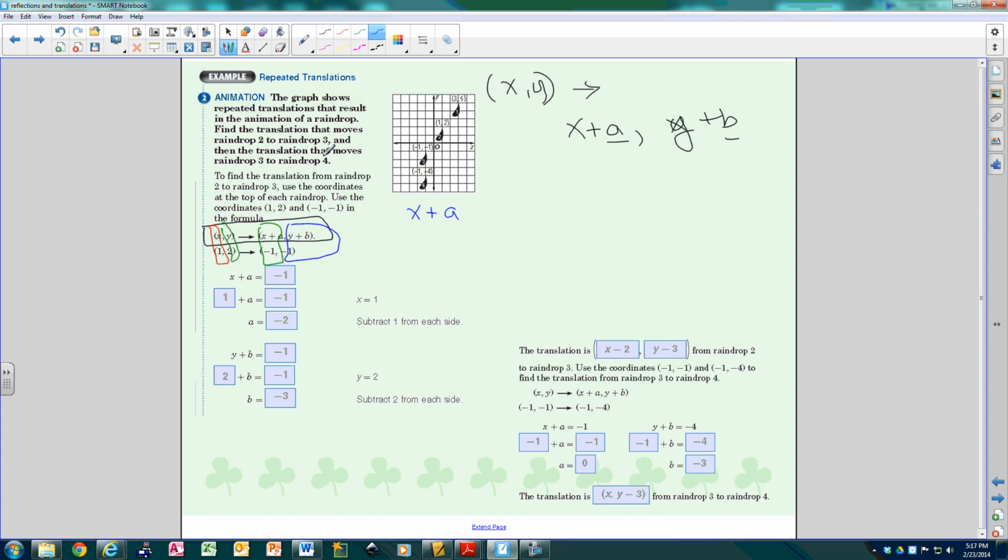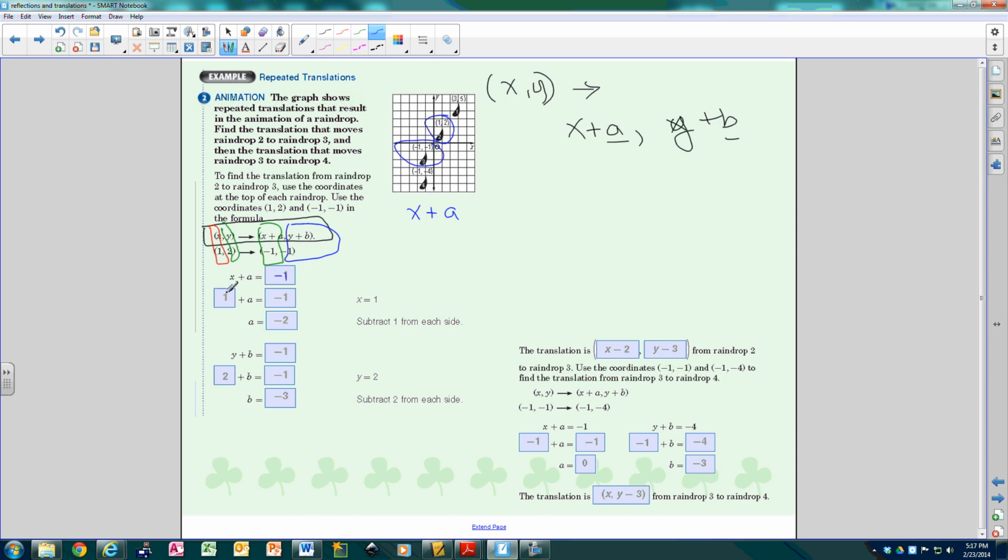And they said, find the translation from raindrop 2 to raindrop 3 here. So they're saying to go from 1, 2 to -1, -1. So how many do you have to go over? How many do you go down? So since they're saying that I'm ending at -1, then that's why -1 goes here.